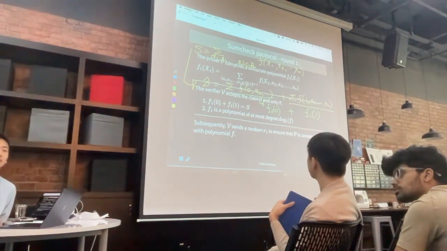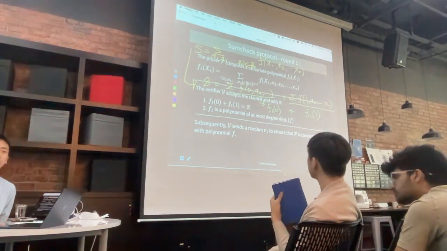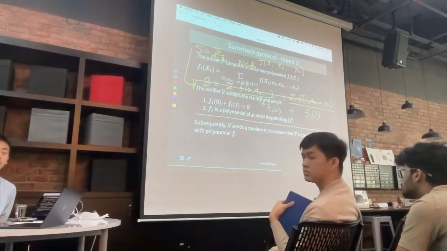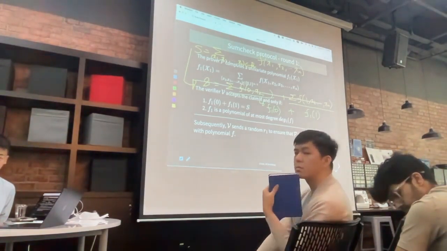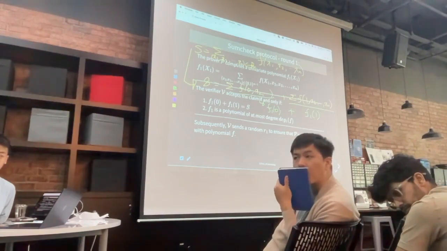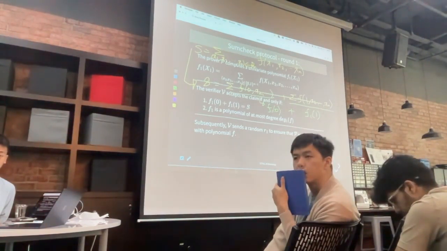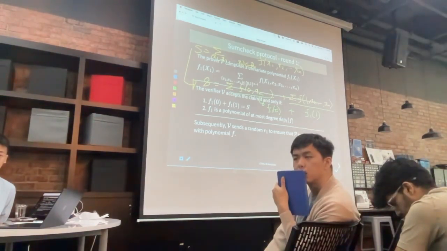One question. When we do this calculation using 0 and 1 for f1, we are not directly operating on the multivariate polynomial, right? We are taking the multivariate polynomial, separating it into multiple univariate ones, and then computing them.